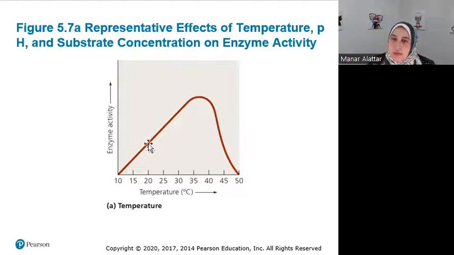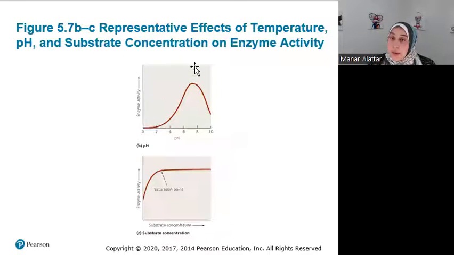Okay. So temperature, and other environmental factors like pH. The pH has to be very specific to the enzyme. If it's an enzyme that's functional outside of the stomach in the human body, then it needs to be about a neutral pH.